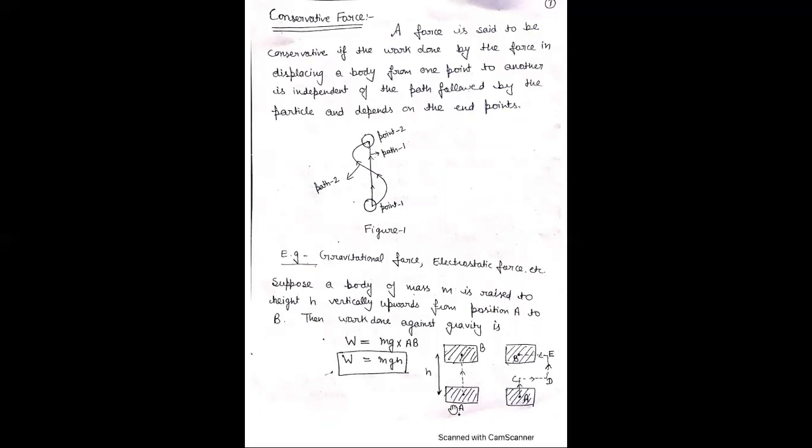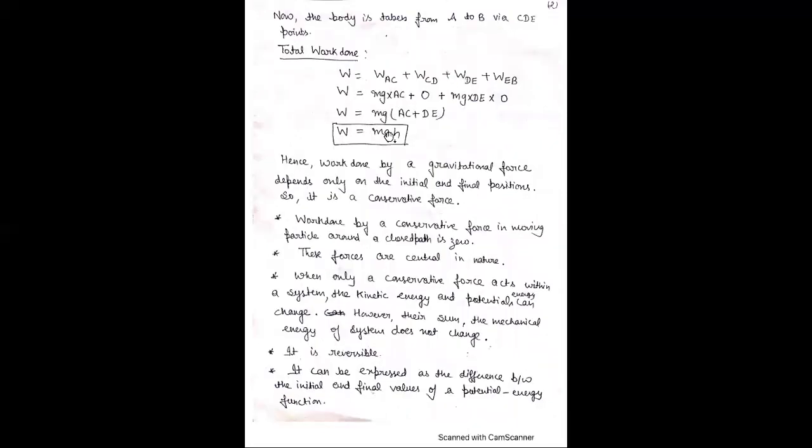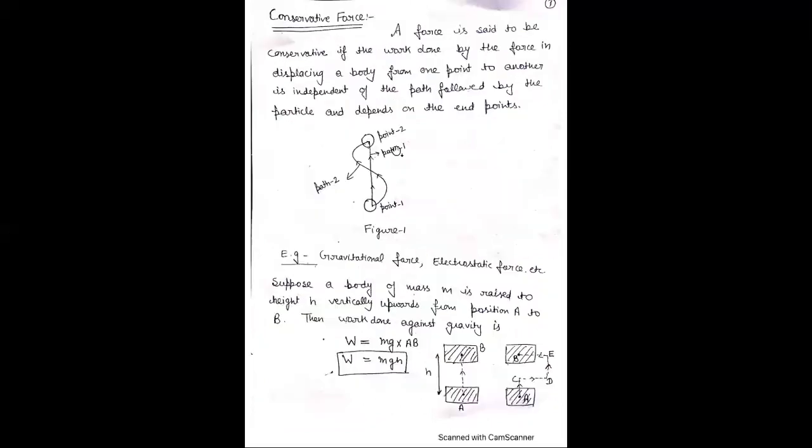From this example, in the first case you followed the path A to B, and the work done was mgh. Here you followed the path A to C, then C to D, D to E, E to B, but the total work done is mgh. Therefore, the work done is the same whether the path followed is this or this.